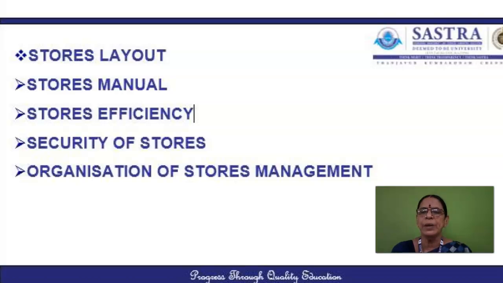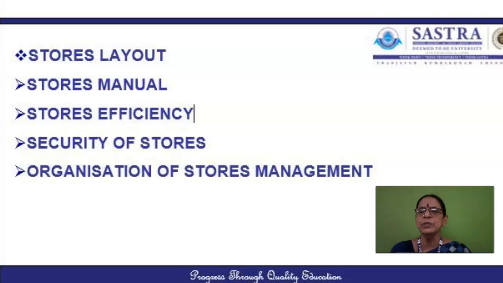So proper patrolling should be there, heavy lighting should be there, and proper fencing should be there to avoid theft by the outsiders. Expensive items and scarce items should be kept in locked almirahs, and these stores should be insured also against burglary. Next is pilferage by employees.